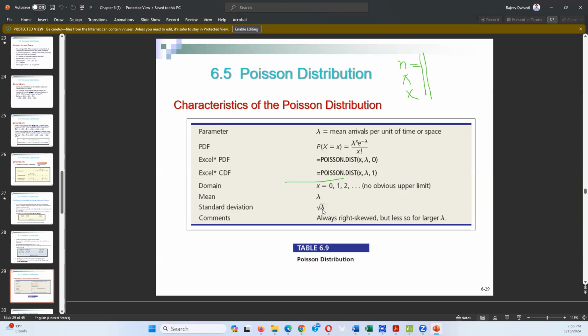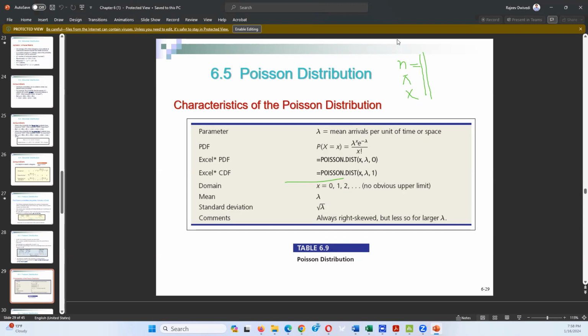These two, lambda and the square root of lambda, you can automatically get from the average customers arriving at a credit union, or average flights arriving or departing. And then the X value: what does the question demand? What is the X value? The rest is X as it is.